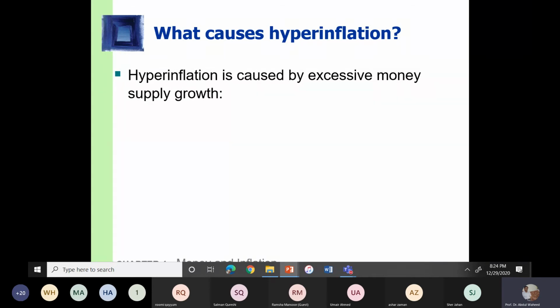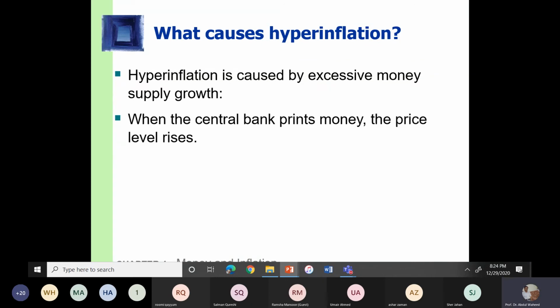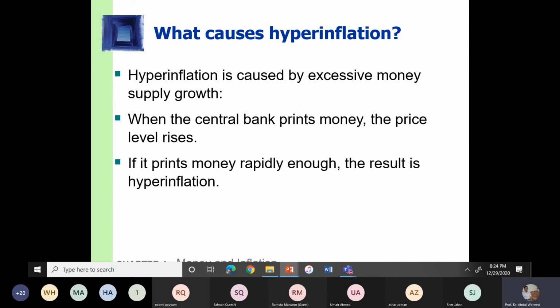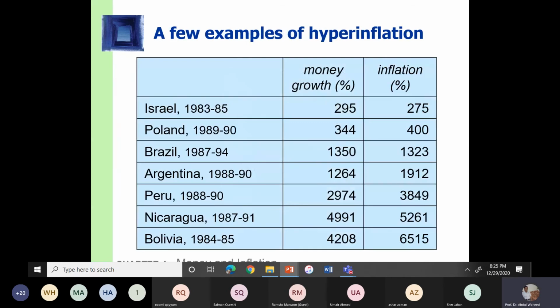So your inflation rate will also be high. So when the central bank prints money, the price level rises, and if it prints money rapidly enough, the result is hyperinflation. This is the data for a few examples of hyperinflation.